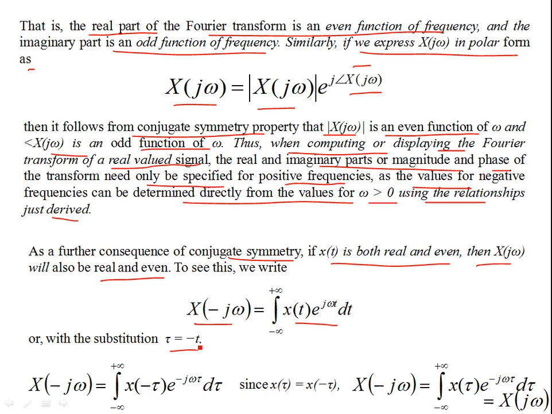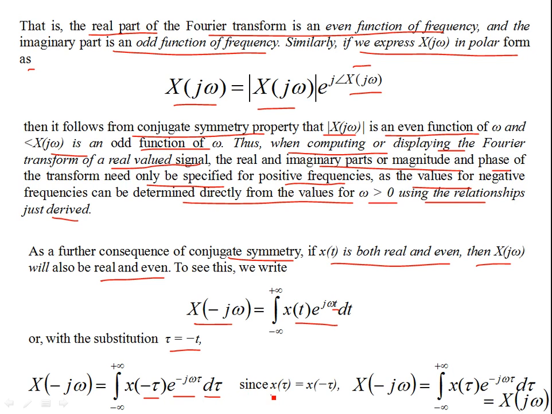When tau is minus t, then inside the argument of the signal it's minus tau, and you have to replace it over here as well. So t is equal to minus tau, and this is e to the minus j omega tau d tau, and this is your X of minus j omega.